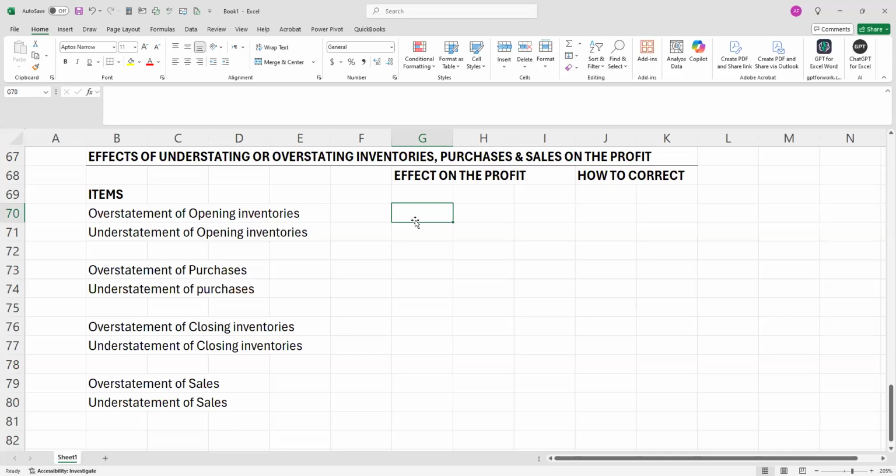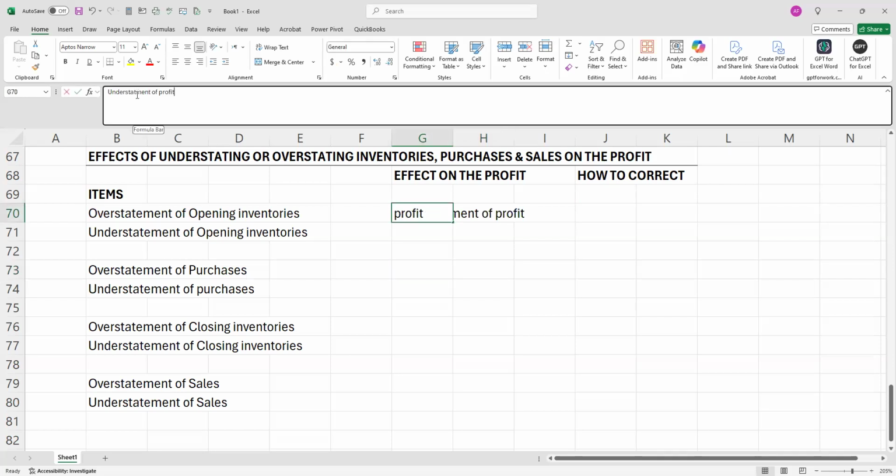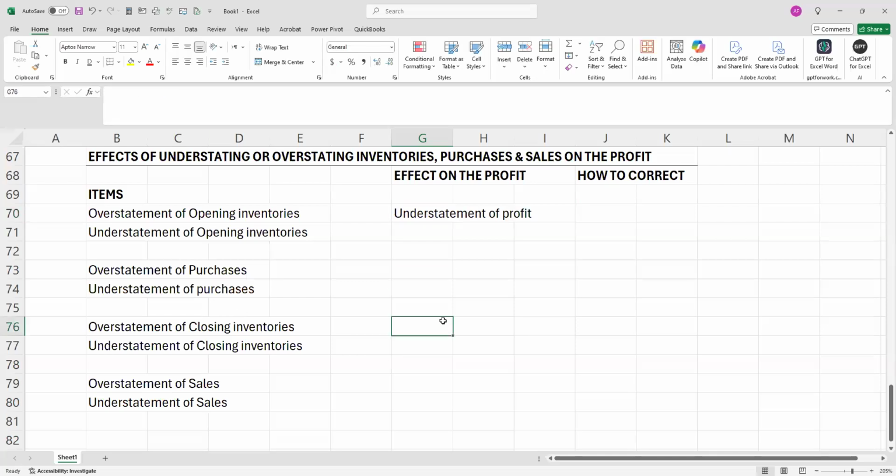Our profit will be understated. It will lead to understatement of our profit. So how are we supposed to correct this? We need to add back the overstatement.